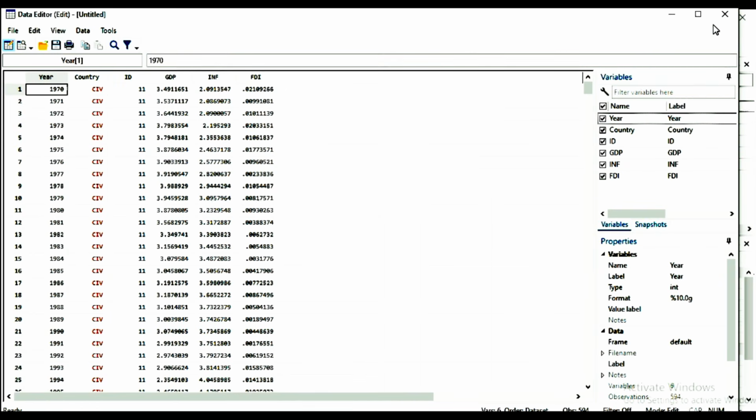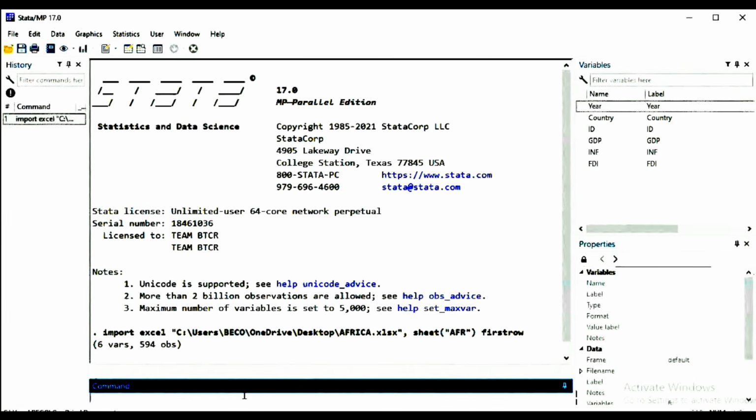So now, using this data, we are going to fit the fixed effects panel data model within Stata. Just before we estimate the model, we first declare the panel structure of our dataset using xtset.